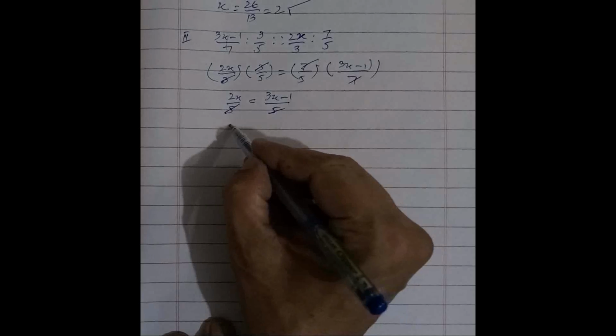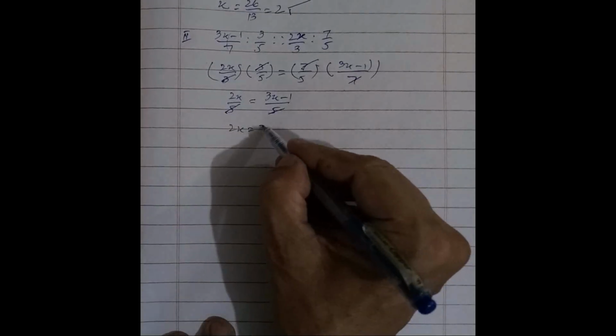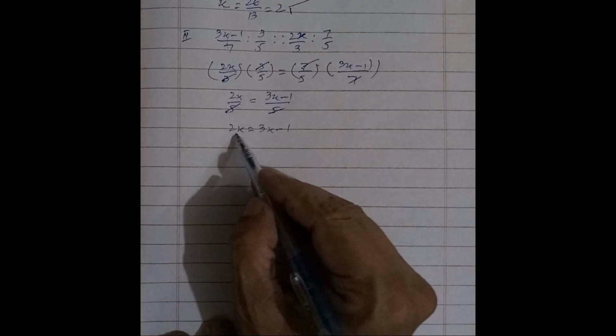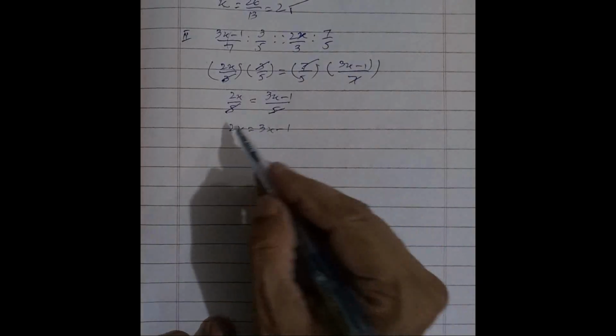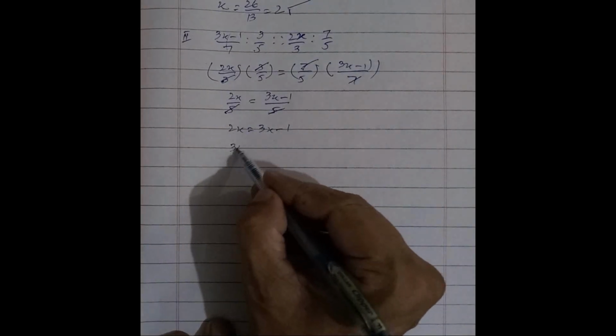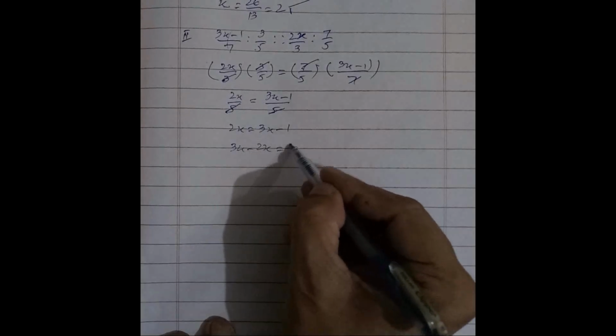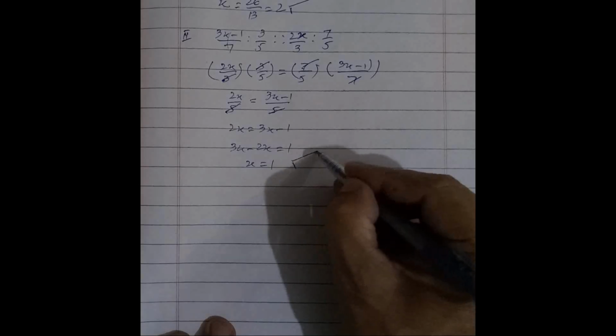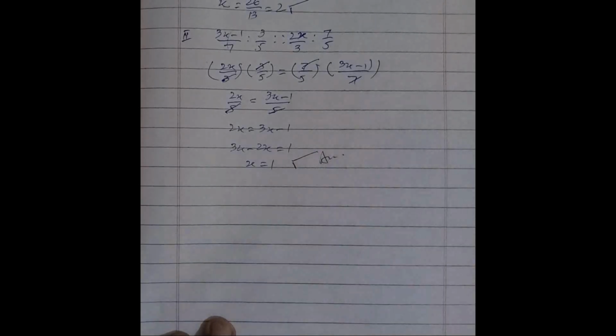So we get 2x is equal to 3x minus 1. Shift 2x to the right side and minus 1 to the left side, we get 3x minus 2x is equal to 1, which is x is equal to 1. And in part 2, x is equal to 1.